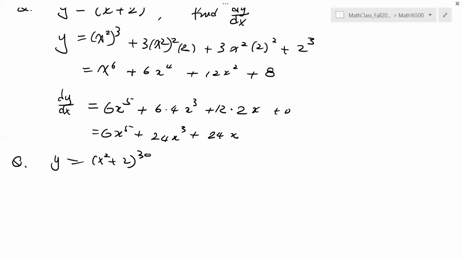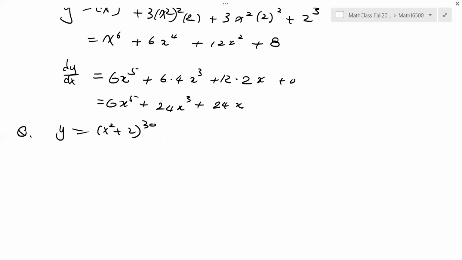So we're going to introduce a middle variable. I'm going to express y as w to the 30th, and w is going to be x squared plus 2. See, y depends on w, and w depends on x. And each of the dependencies is quite simple.